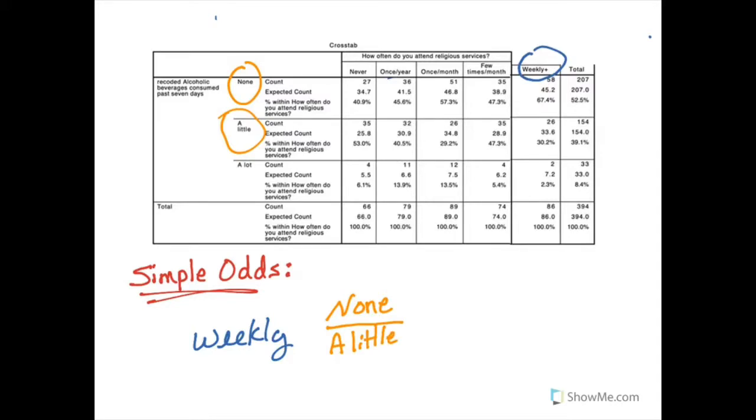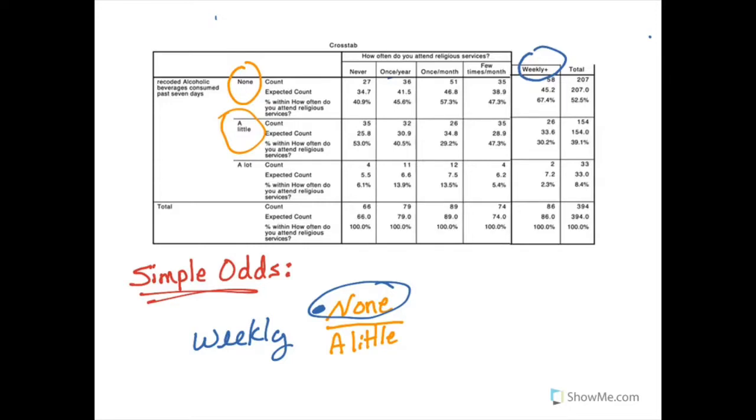It could be a little alcohol over no alcohol. It's up to you. There's no right or wrong way other than just keep track of what it is that you are doing. Because whatever you put at top is the odds of being there versus the bottom. The odds of being in the top category versus the bottom. So if I switch them, obviously my interpretation is going to be different.